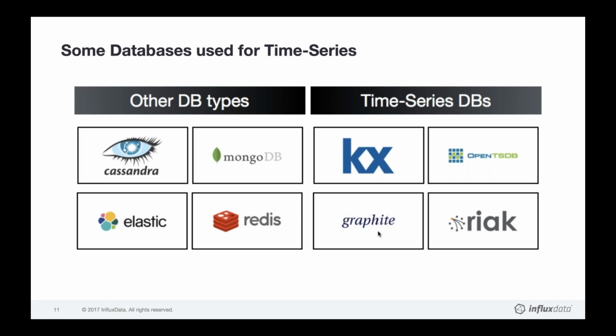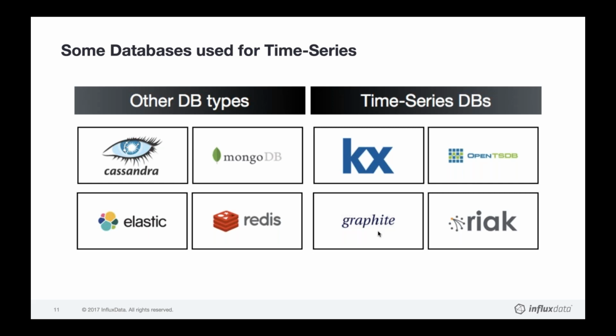So here are just some examples. We have on the left side what we are calling here other types of database, and those are some names that you must be familiar with. They are very popular databases: Cassandra, Mongo, Elastic, Redis. Key-value pair kind of database, Cassandra for distributed storage.